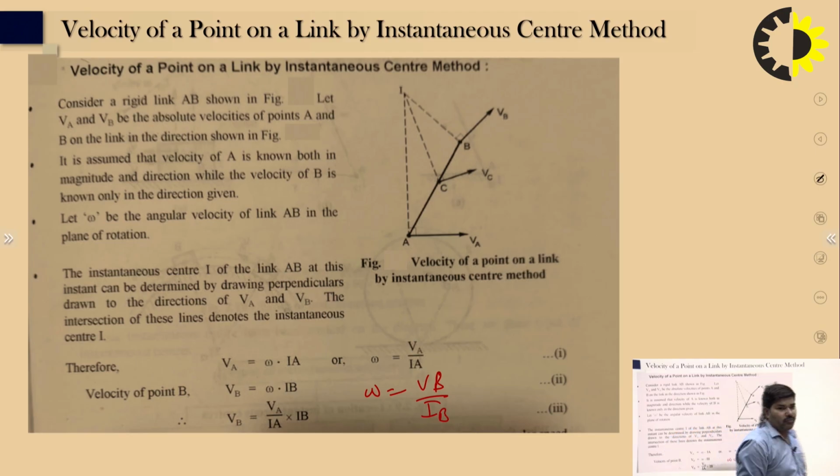So equate both, as these are again the value of omega. Omega equal to VB upon IB and omega equal to VA upon IA.